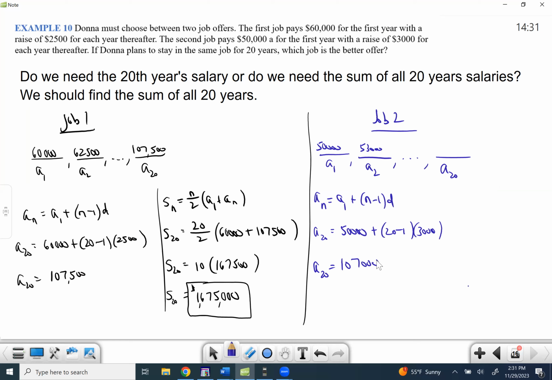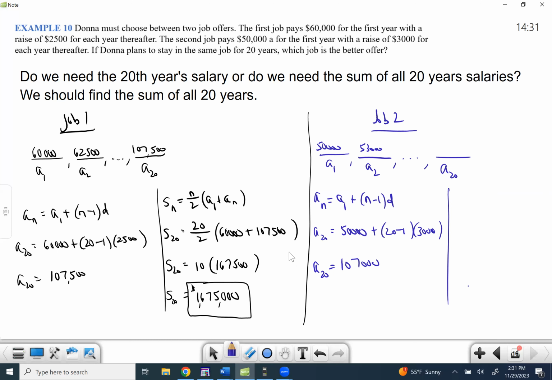I think we can already tell the answer. If she was making 107,500 the 20th year, and she was making more money the first year too, clearly job 1 is better. But let's go ahead and find the sum just for the heck of it, just to get the practice. But yeah, she needs to go with job number 1.